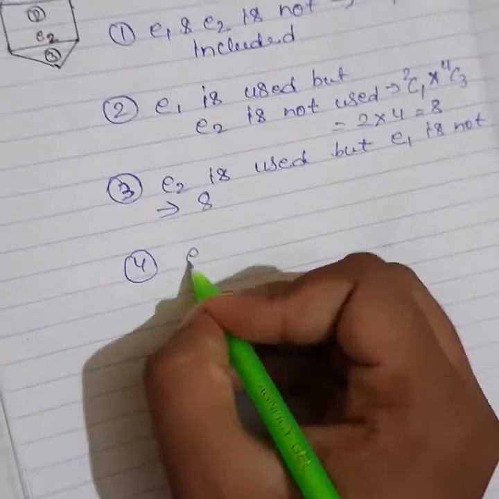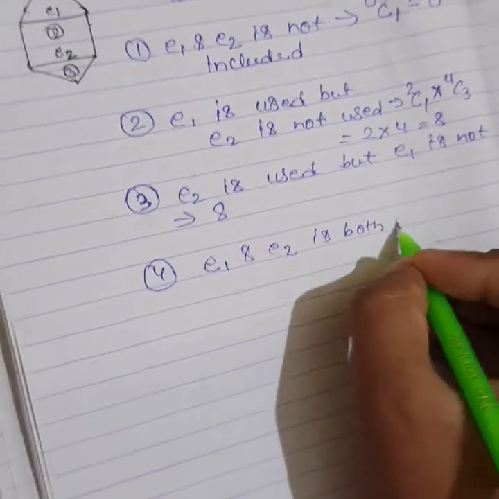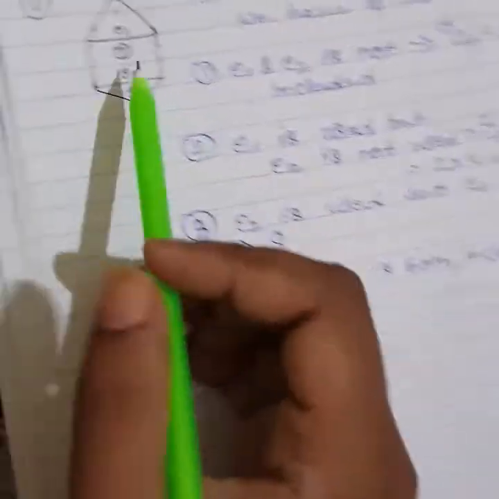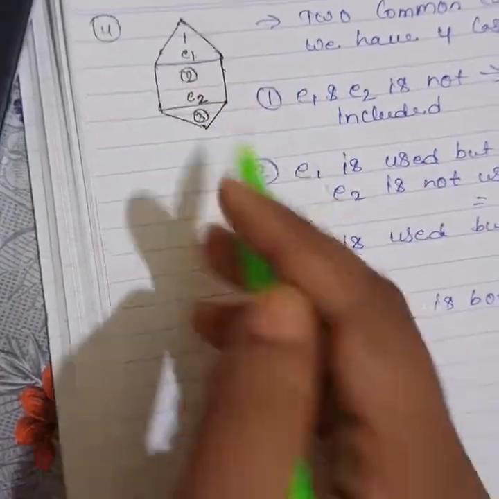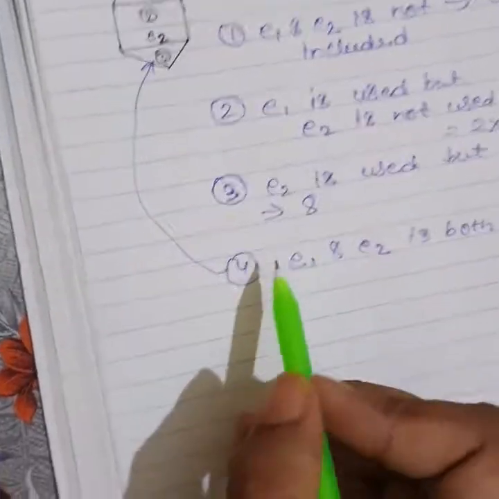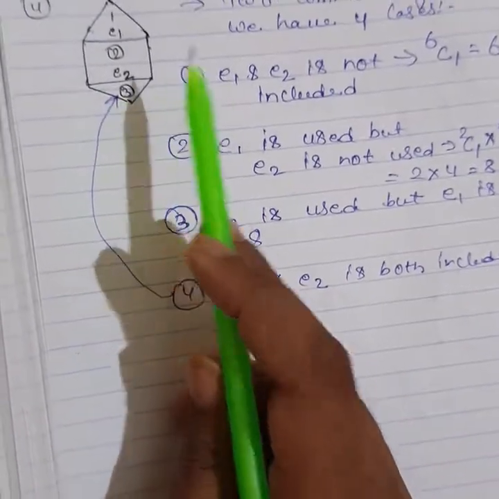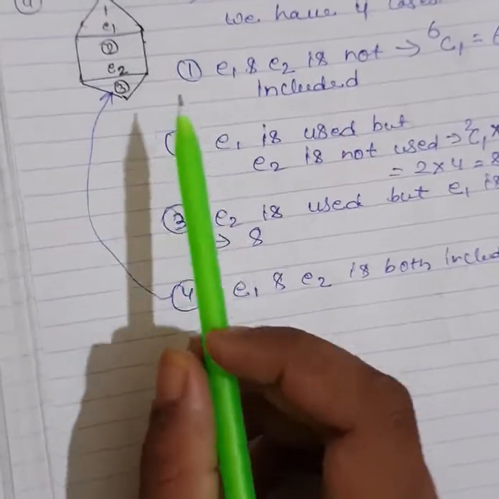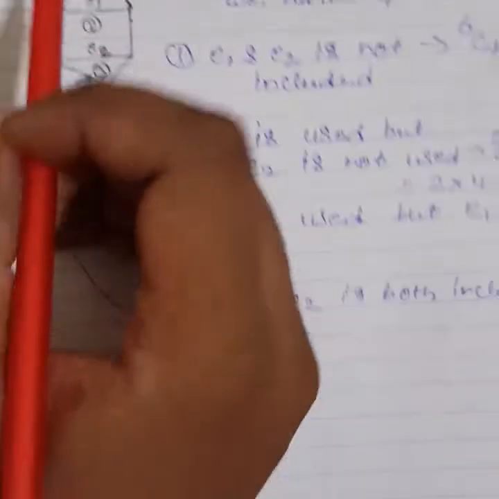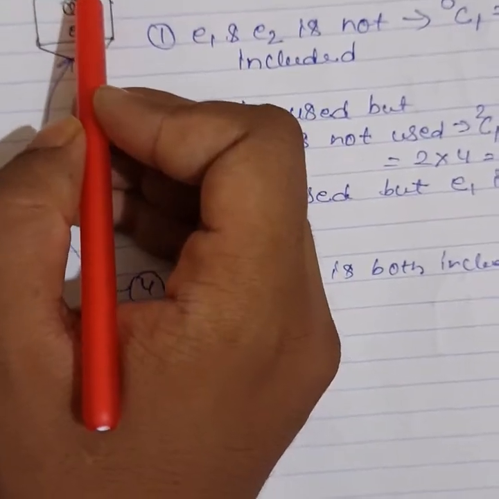And the fourth case, E1 and E2 are both included. In this case we have 3 cycles. This graph has been made for these cases. In the first cycle, we have 2 options, either we choose this one or this one.